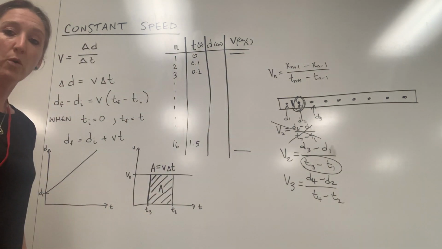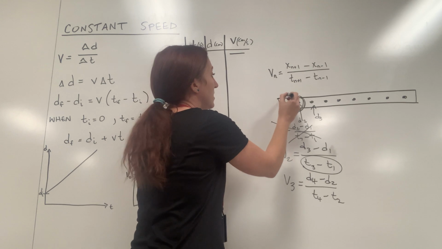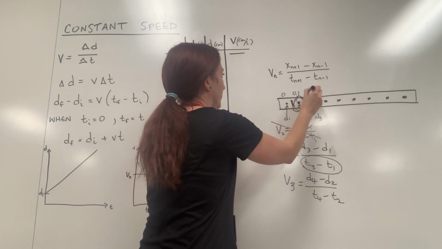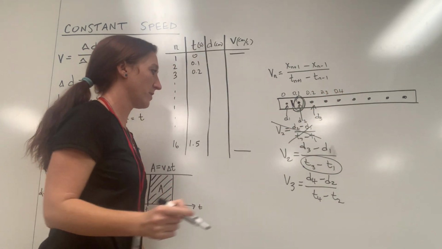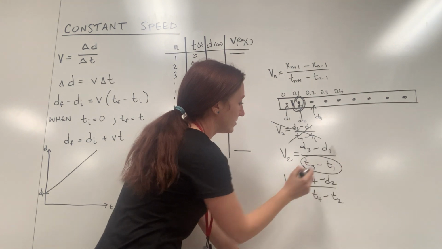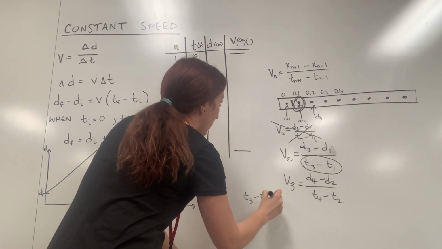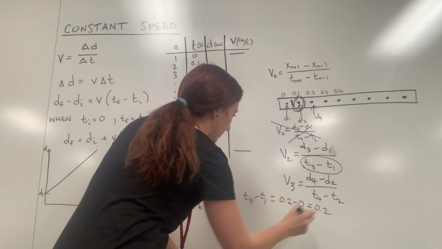Okay? I know this formula can seem complicated, but let's break down our denominator. So we know that every single time step here represents 0.1 seconds. So let's say 0, 0.1, 0.2, 0.3, 0.4, and so on and so forth. Every single subtraction here, so T3 minus T1 would be 0.2 minus 0. So you're getting 0.2 seconds.